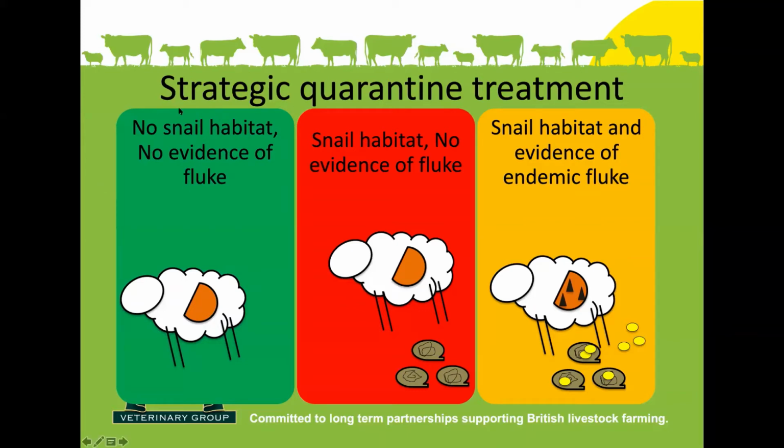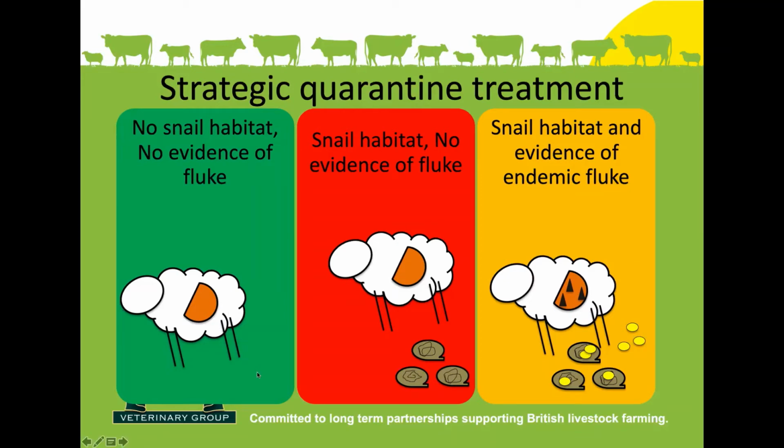So if you're a farm, after all of these conversations, hopefully you may have an idea of where you fit in these profiles. So if your farm has no snail habitat and you've got no evidence of fluke, then if you buy a sheep in with fluke, what is going to be the risk to yourself? Well, if this sheep has fluke, it might pass out fluke eggs onto the pasture.